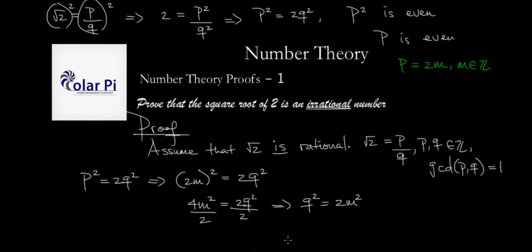And so what does that mean about q squared? Since m is an integer, m squared is an integer, and this is of the form 2 times an integer. Well, you guessed it. This means that q squared is even, and then as a consequence q is even, and this is a big fat contradiction, and this is the symbol for a contradiction.